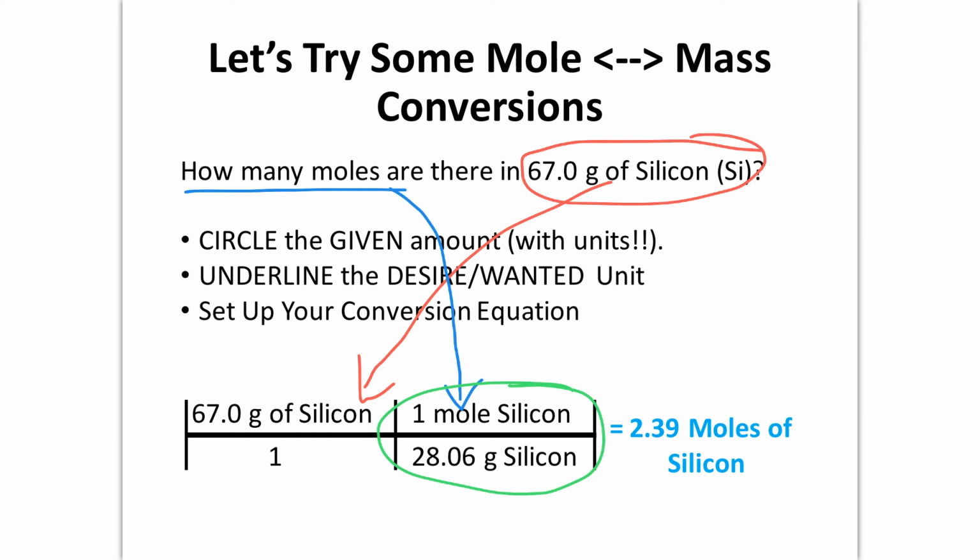So this is where I get my periodic table. So this number here would be from your periodic table, or you'd have to calculate it from the stuff from the periodic table. Okay? And then when you do that, you get the correct answer. Right?